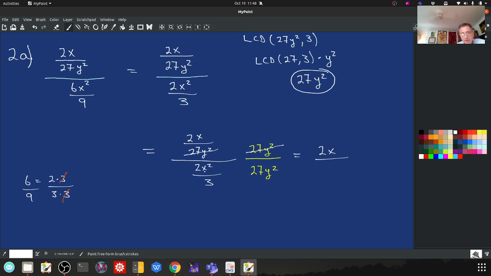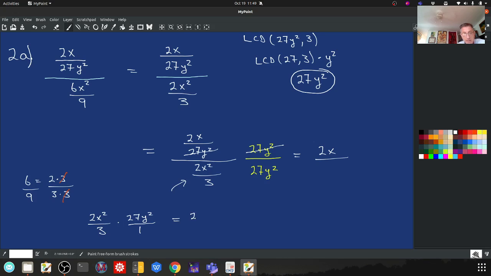Down here, let's take a look. 2x squared over 3 times 27y squared is the same as multiplying by 27y squared divided by 1. So 27 divided by 3 is 9.